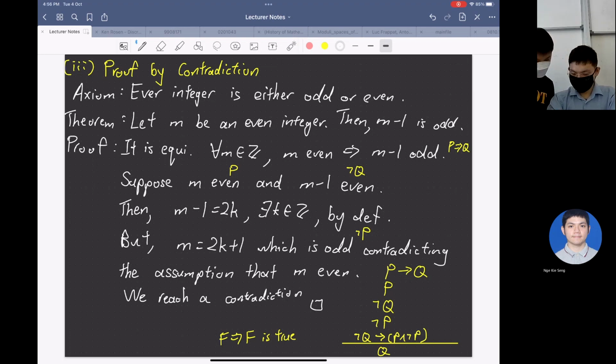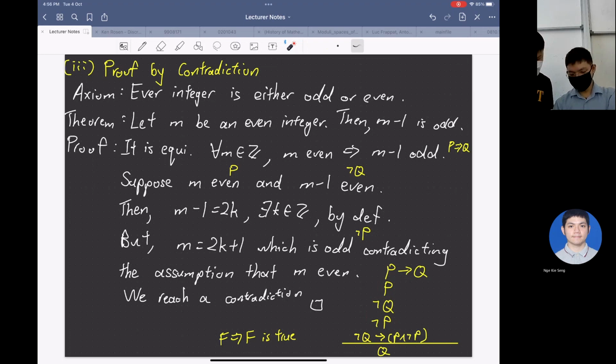So this means what? Start with this. Assume this. Assume, meaning you have this also, and then you also have this, because from this one you can get this.